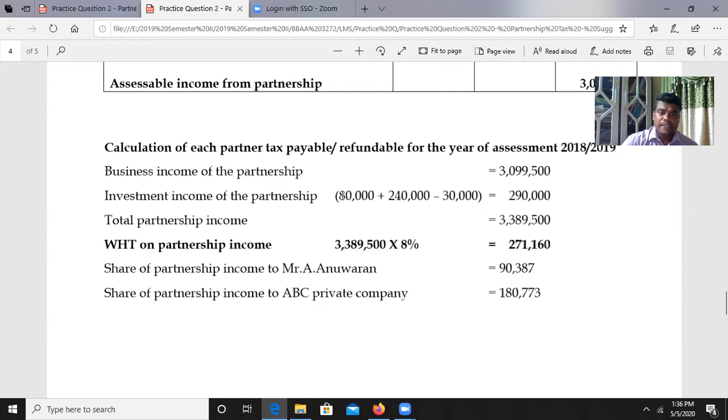So ultimately there's 80,000 from interest, 210,000 from rent, altogether 290,000 investment income of the partnership. Now total partnership income, which is 3,389,500. I hope that you already know, partnership need to pay 8% withholding tax on their income.